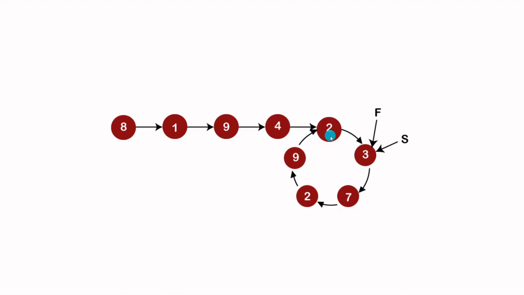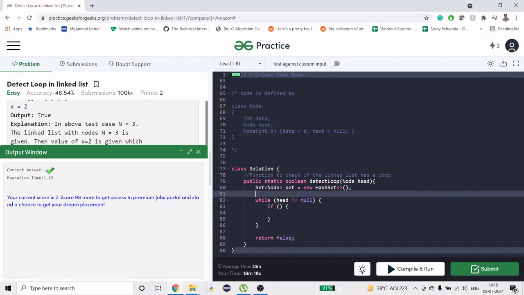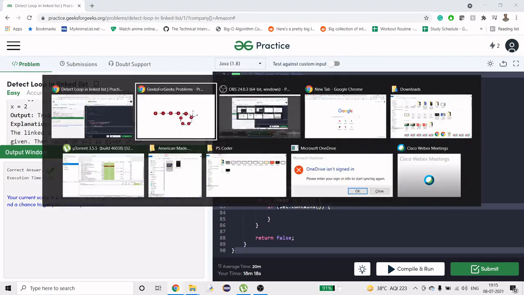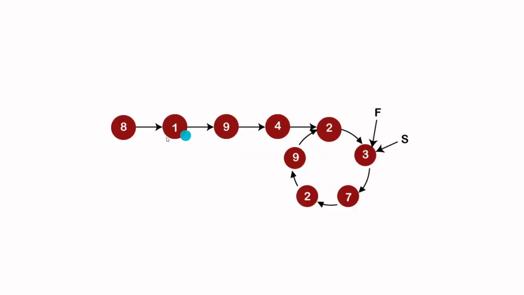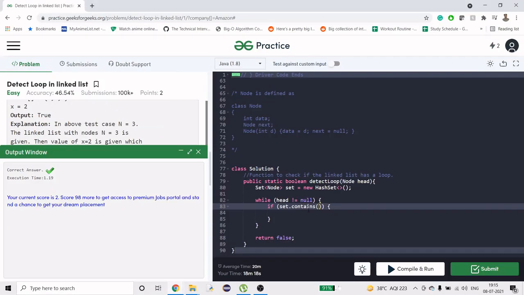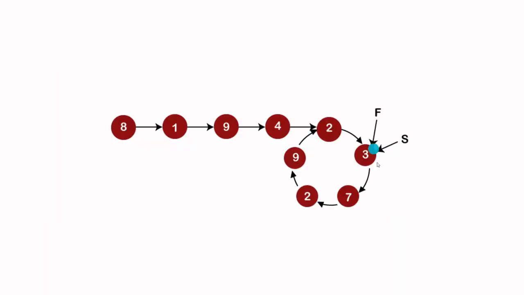It won't insert, but it will check whether the set is containing that element or not. If it is containing, that means that there is a loop. So first we will fill 8, then 1, then 9, then 4, then 2, then 3, then 7, then 2 again. If there are duplicate elements, I think that's a fail case scenario.